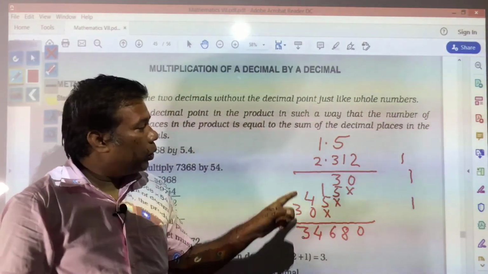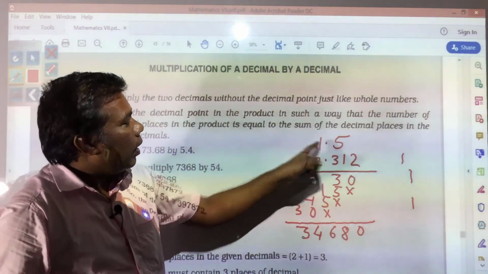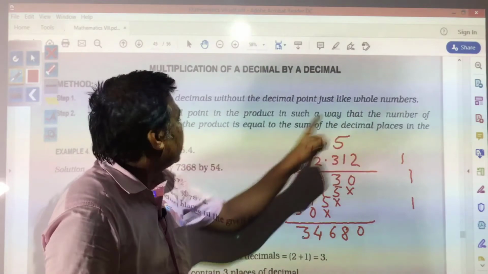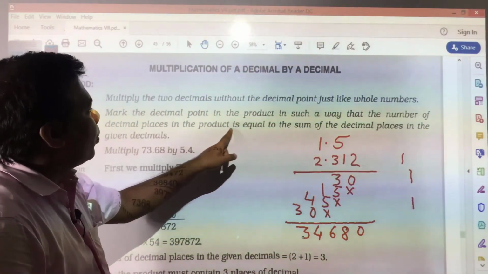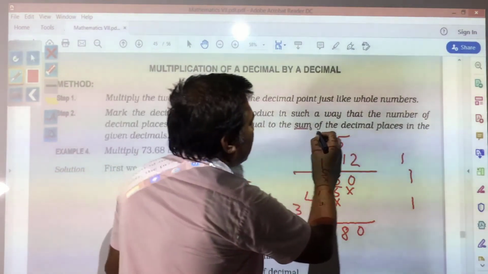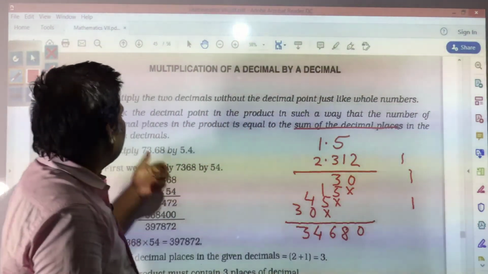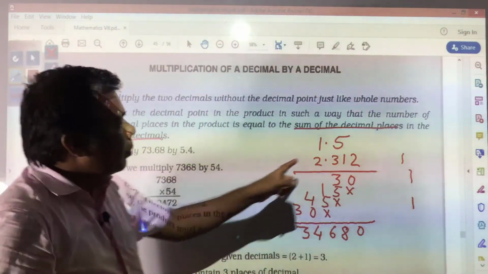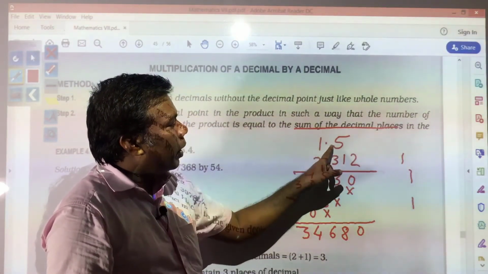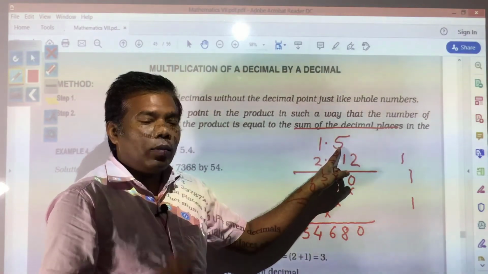Now, what we need to do here, you see what has been written. Mark the decimal point in the product in such a way that the number of decimal places in the product is equal to the sum of the decimal places in the given decimals. Here you see the decimal places in the first number: after the decimal, how many digits you have? 1.